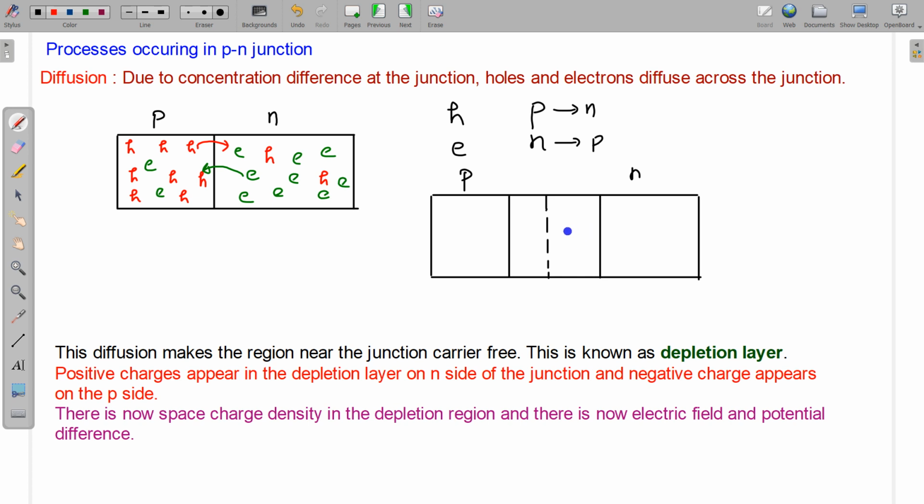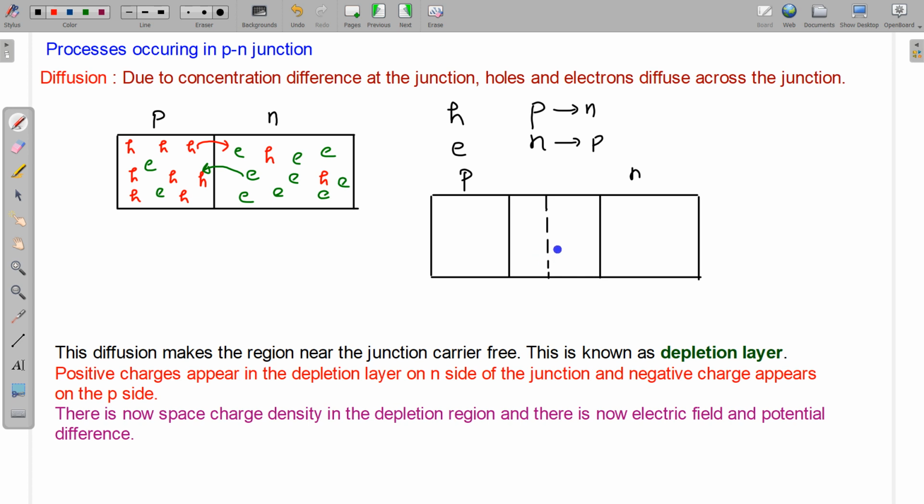Electrons from here moved to this side, and electrons and holes combined, and in this way electron and hole pairs are destroyed in this region. So in this whole region there is almost no electron hole pair. Obviously there may be a very negligible number of electron hole pairs, because at any instant electron hole pairs are generated.